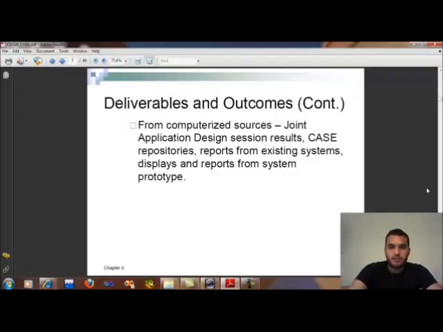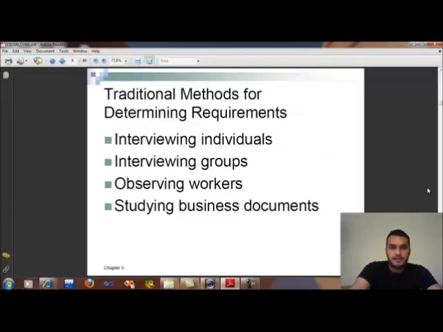And it continues here from computerized sources: joint application design session results, CASE repositories, and reports from existing systems, and displays and reports from system prototypes.